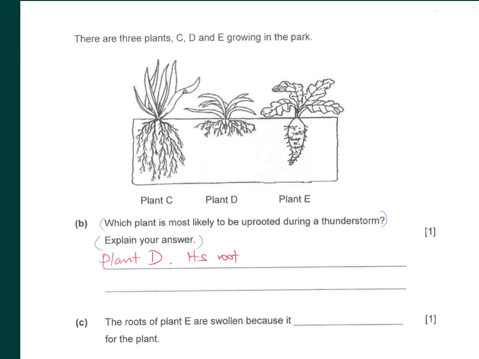Okay, here there are three plants. I'm expecting you to use some comparative terms. Its roots, okay, was the shallowest. Alright, or you can say the least shallow.